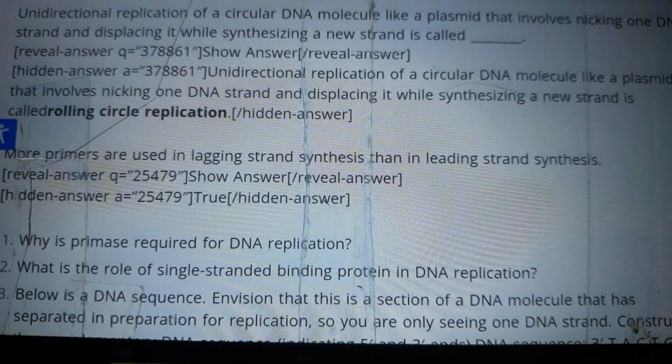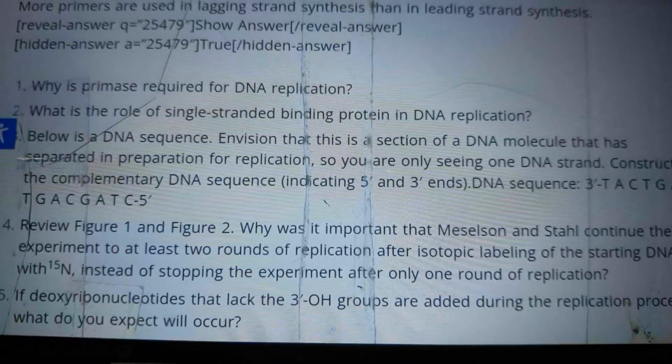Unidirectional replication of a circular DNA molecule like a plasmid, which involves nicking one DNA strand and displacing it while synthesizing a new one, is called rolling circle replication, right? Why is a primase required for DNA replication?